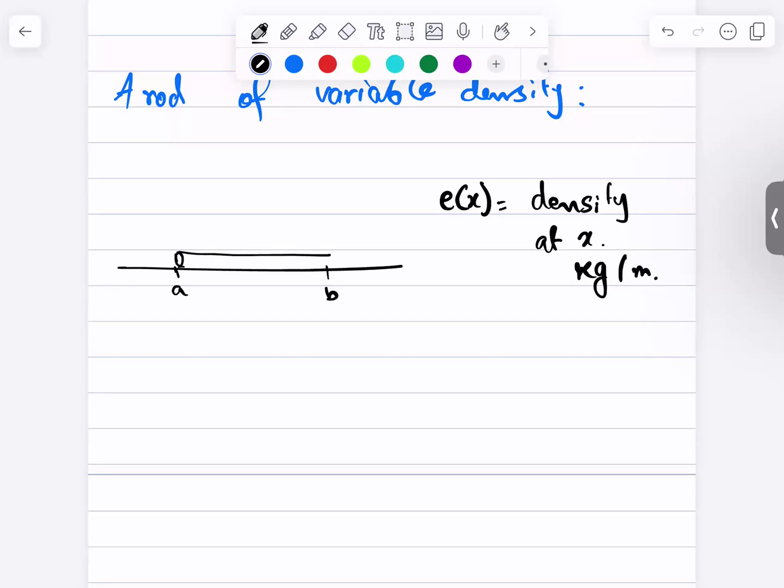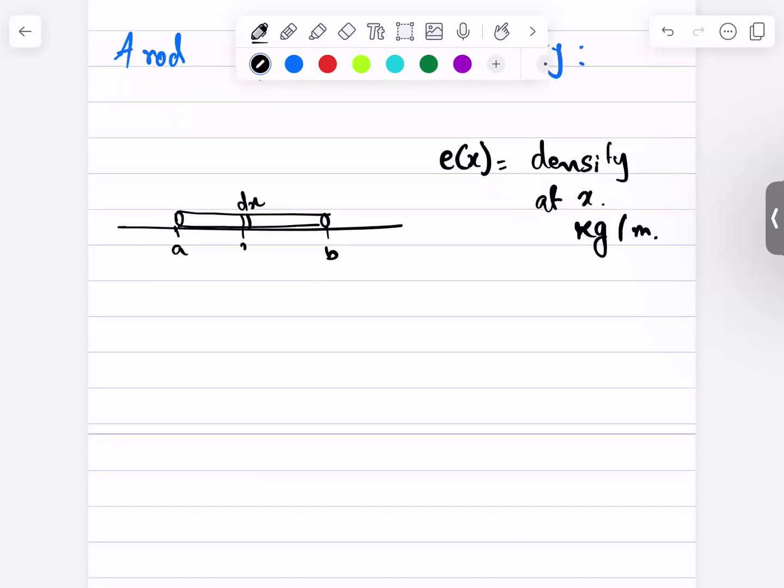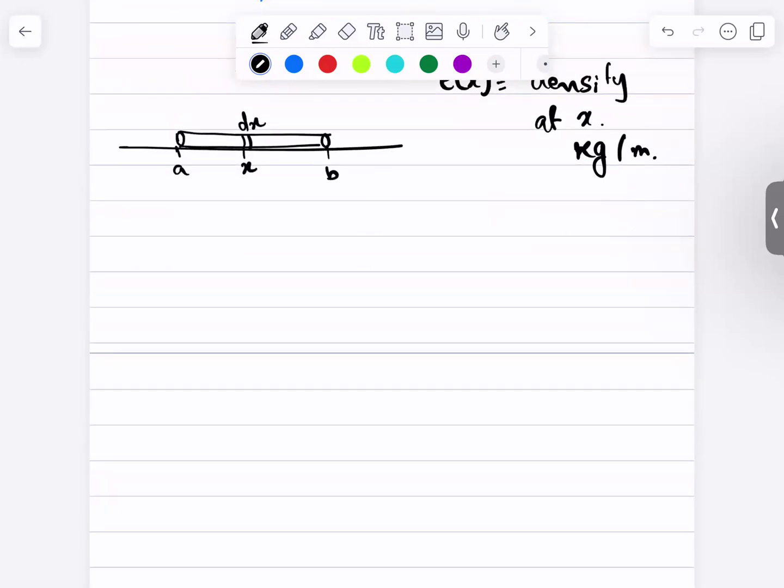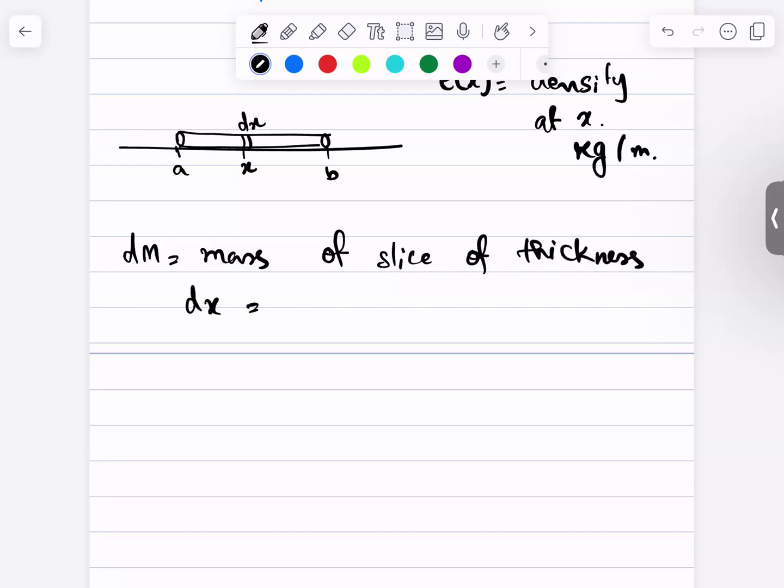So this is my rod, and if I consider a small section of it at say x, and that small section has length dx, then dm, which is also known as the mass of the slice of thickness dx, will be rho x dx kg.